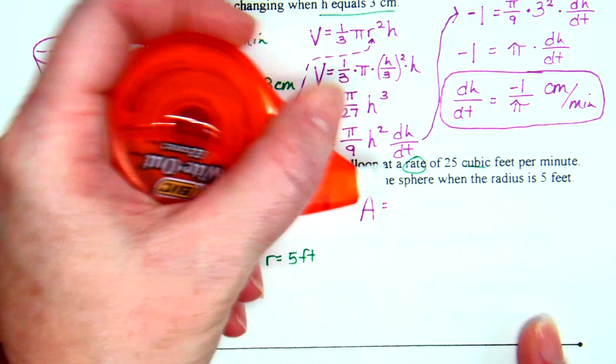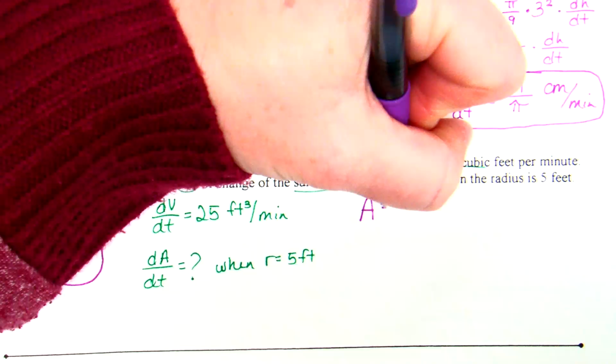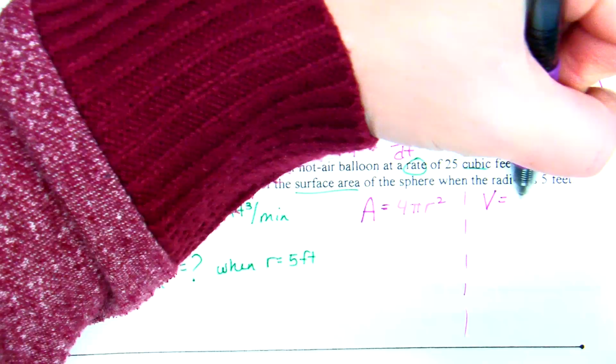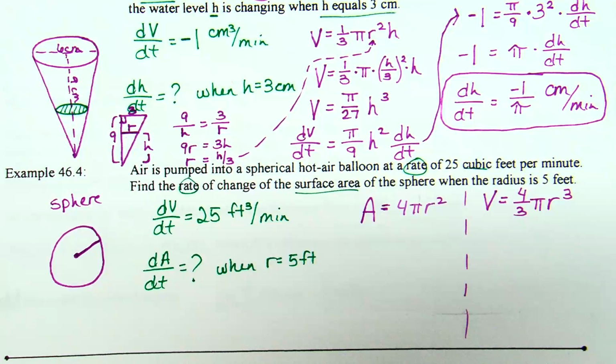Surface area, 4 pi r squared. And while we're at it, I'll go ahead and talk volume. Volume of a sphere is 4/3 pi r cubed. They both have one variable in them.